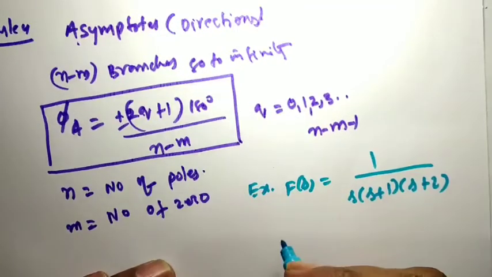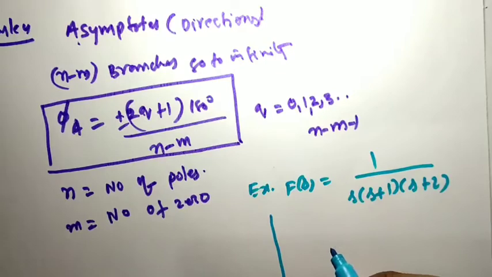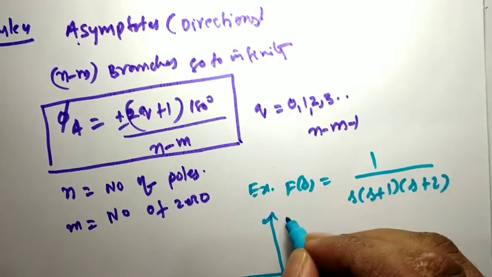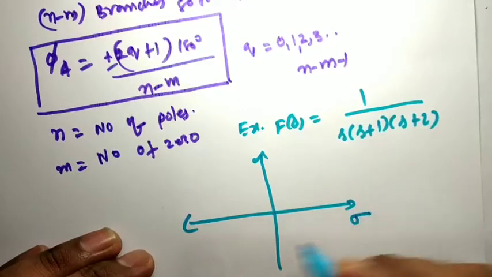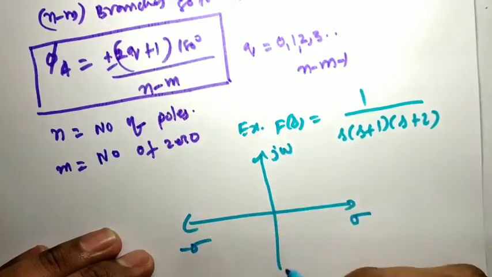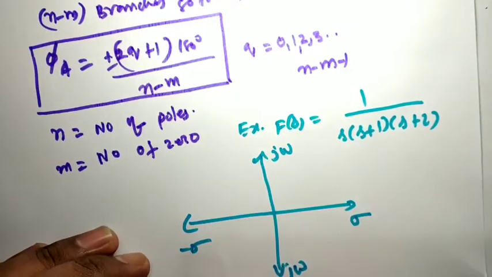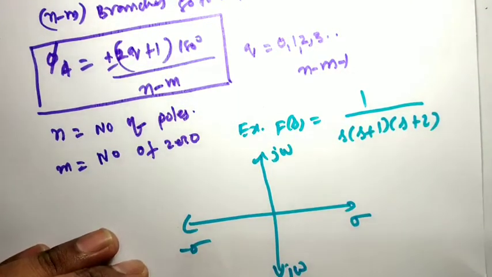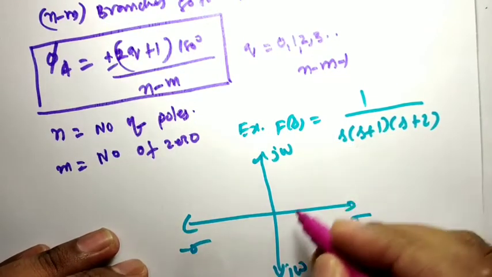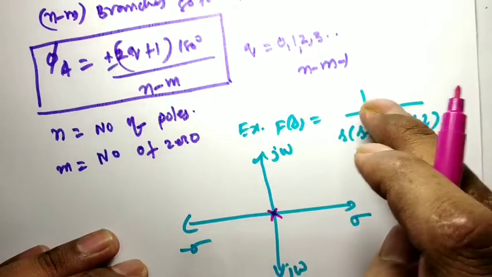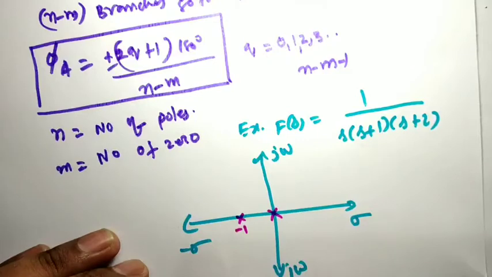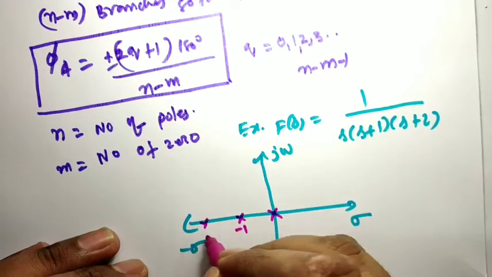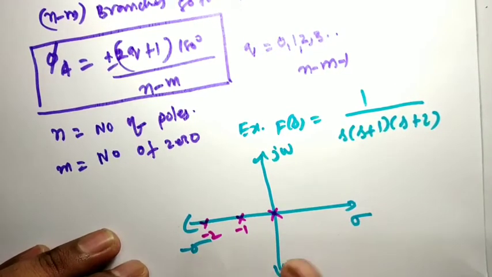Now I'm going to locate the poles and zeros on the s plane. When s is equal to 0, here is 1 pole, and there are no zeros. At s equal to minus 1 there is 1 pole, and at s equal to minus 2 another pole is located. So 3 poles are located on the s plane.